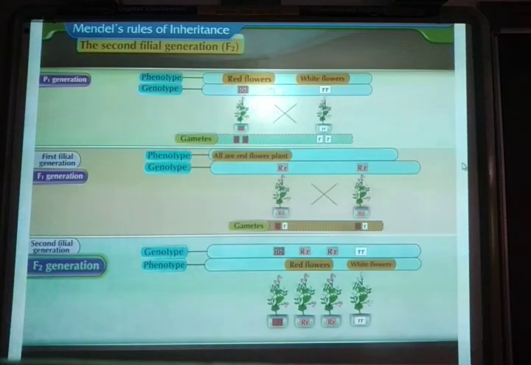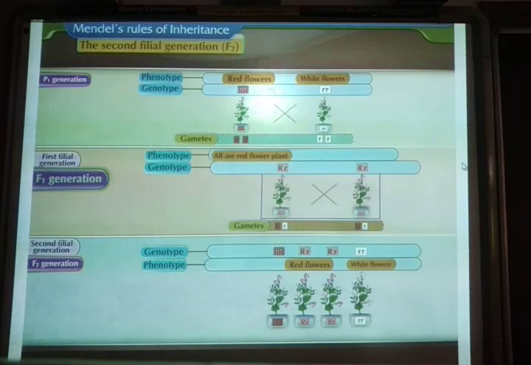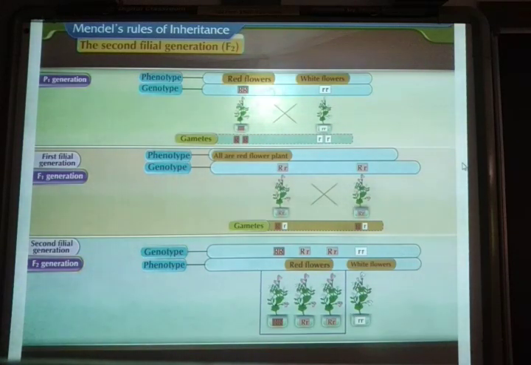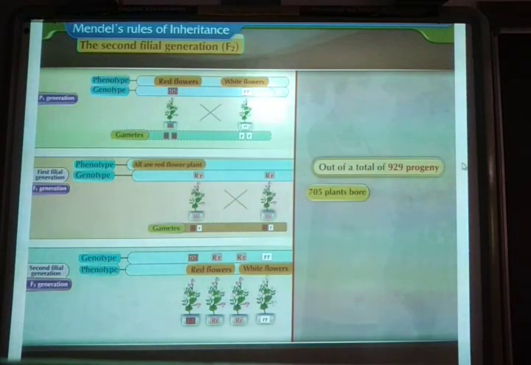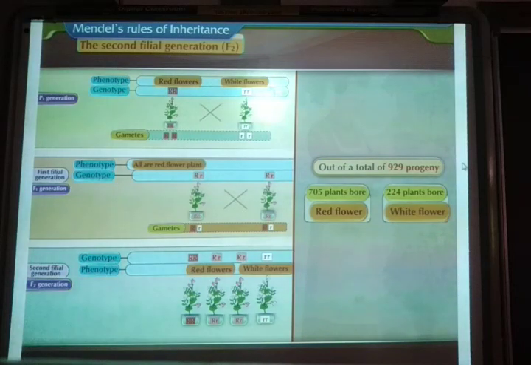The F2 generation resulted from selfing of F1 plants, showed the presence of both red-colored flowers as well as white-colored flowers. Mendel experimentally observed that out of a total of 929 progeny, about 705 plants bore red flowers while 224 bore white flowers.